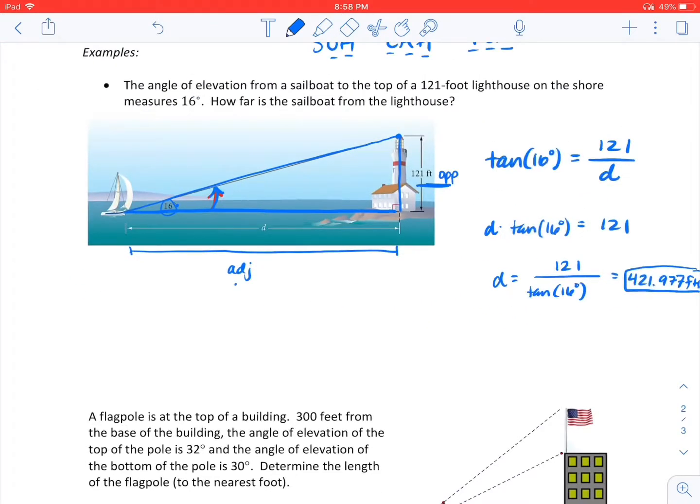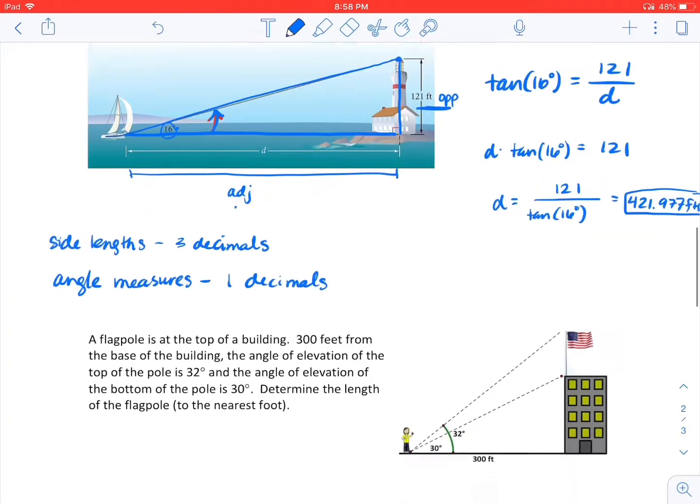And I'll note that the convention that we've utilized is that in a trig problem, the side lengths should be rounded to 3 decimal places, the thousandths as it's often called, and that angle measures should be rounded to 1 decimal place, or the tenths place.